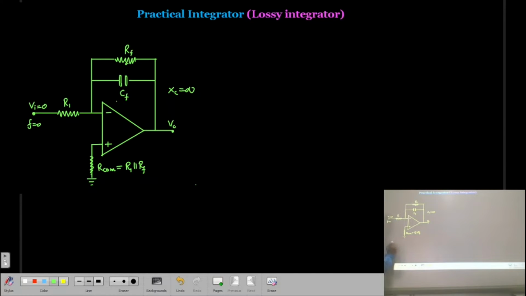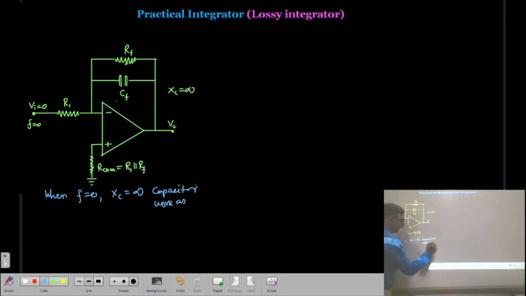Here we can write, when this f is equal to 0, your input voltage is 0, then the reactance of the capacitor is going to be infinite, means the capacitor works as an open circuit.